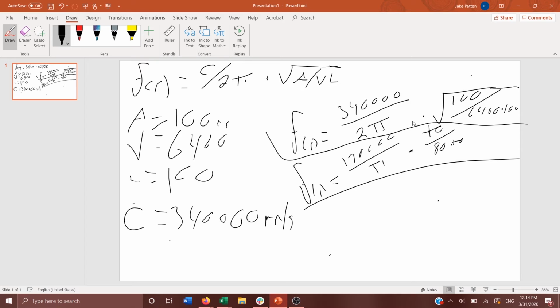So then you can rewrite it as Fr equals 170,000 over 80 pi. Now you can remove a 0 from both of those. So it's 17,000 over 8 pi. And now you can divide by 2 if you want to.